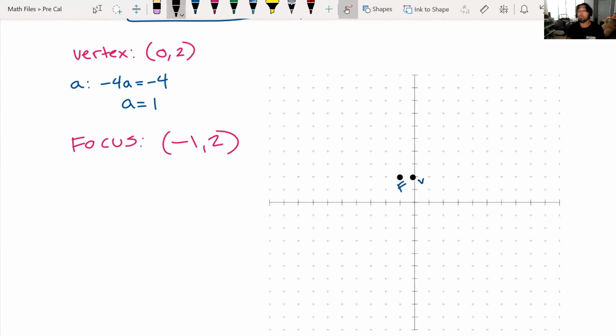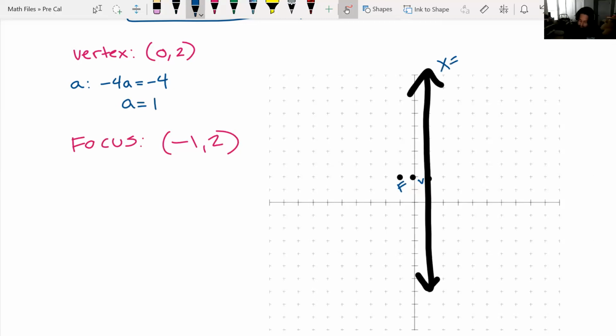And then from the vertex, if we go to the right one, you have the directrix. And that's at x equals 1.